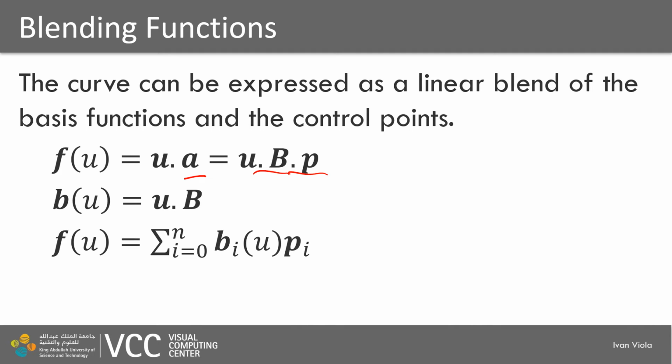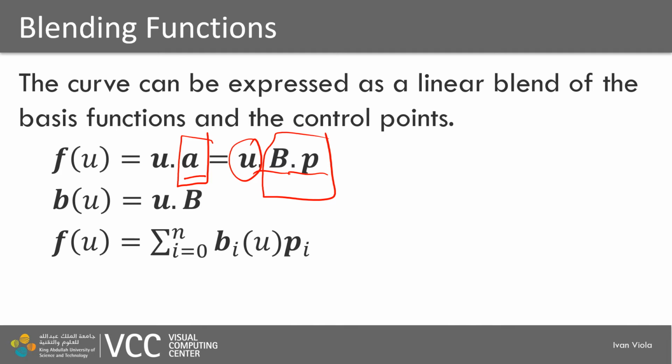Now here we have our vector of various degrees of the u parameter: u powered by 0, u powered by 1, u powered by 2, and so on. We can now replace the description of this canonical form of our polynomial. Instead of a, we can put the original information, basis times the points.